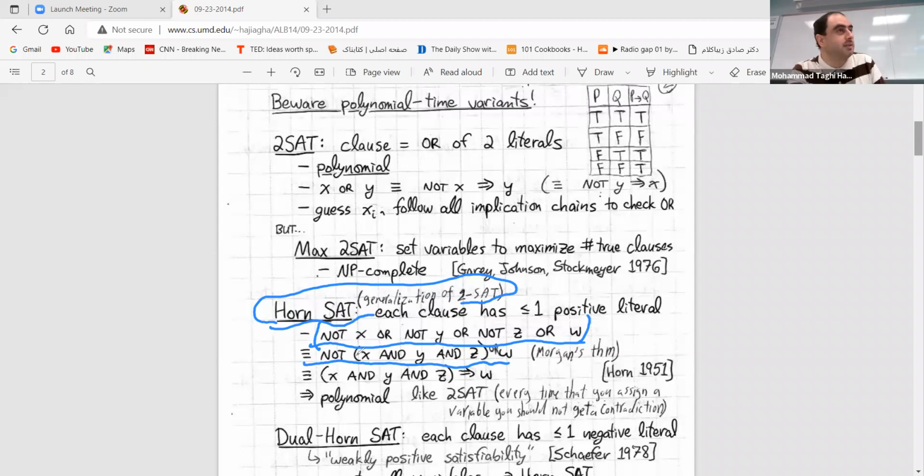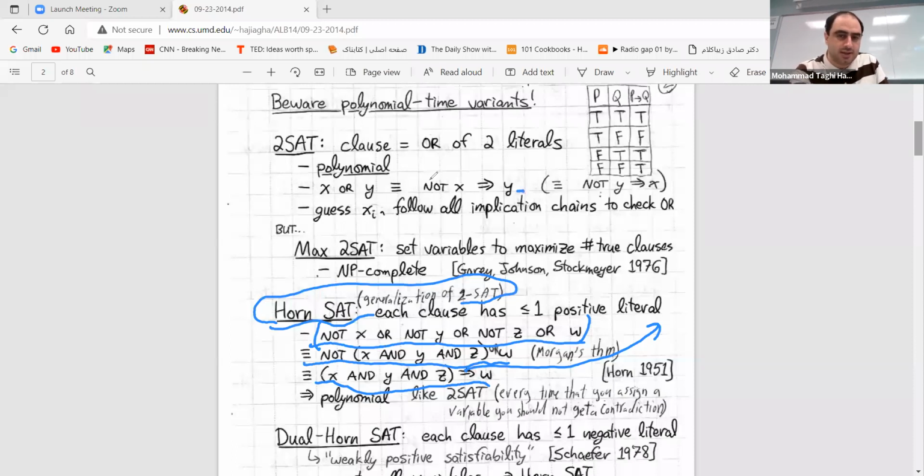So we just get this one. And then what do we get out of it? Then we can represent that as an implication: x and y and z implies w, because of the formula that we discussed here.